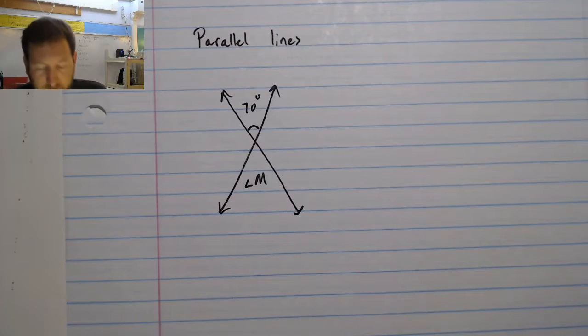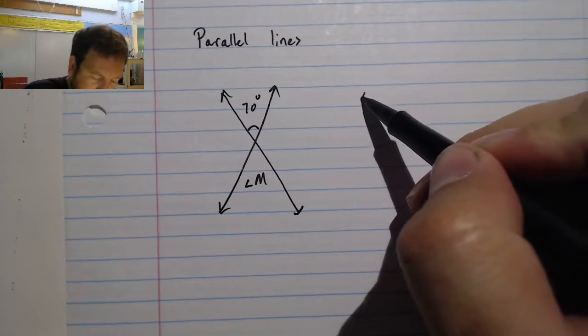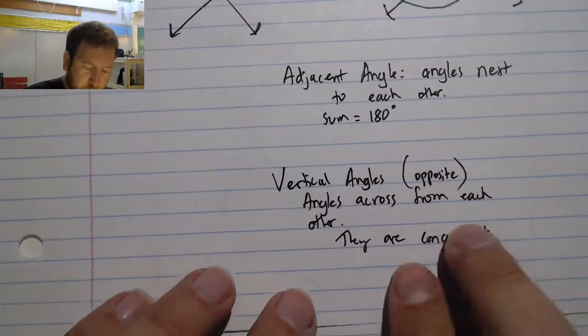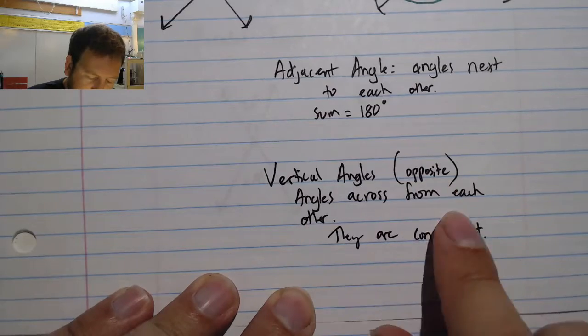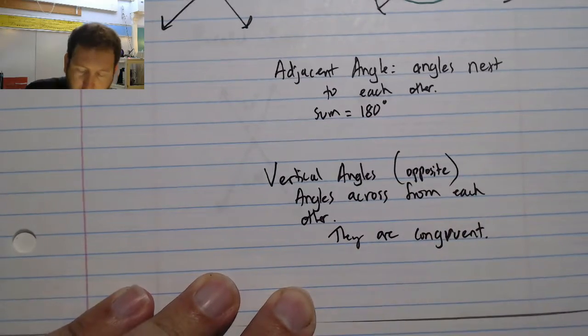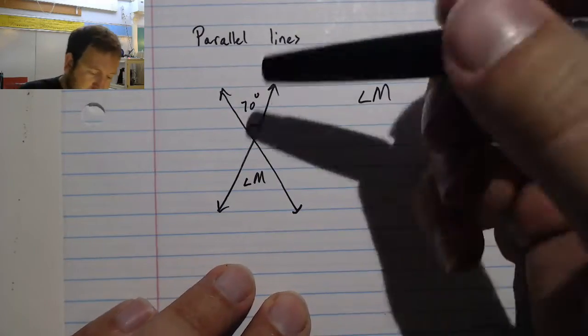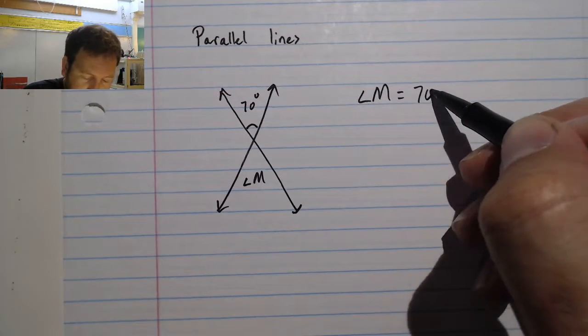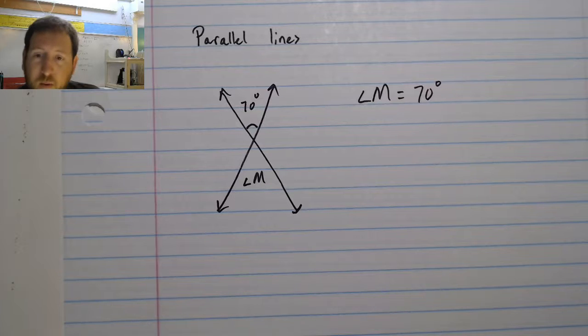Well, this one is going to be easy because I know that angle M, using my vertical angles or opposite angles, angles across from each other are congruent. So this is 70. That must mean angle M is 70 degrees, which is pretty easy to think about.